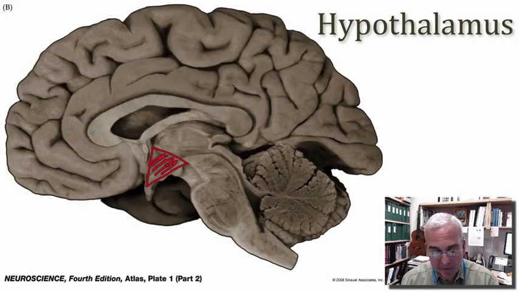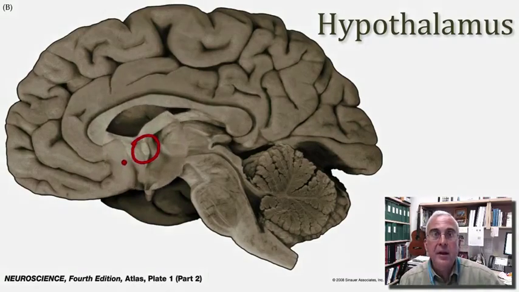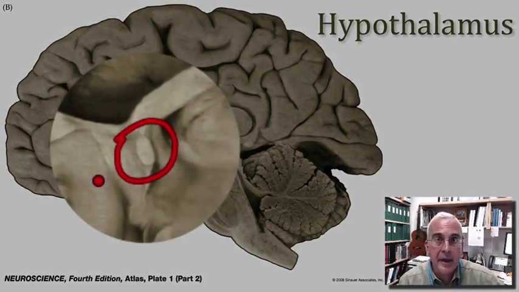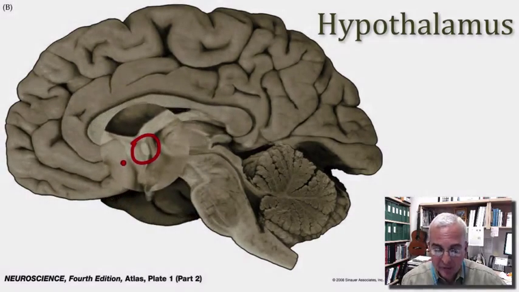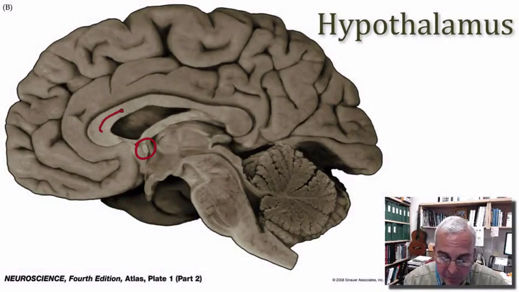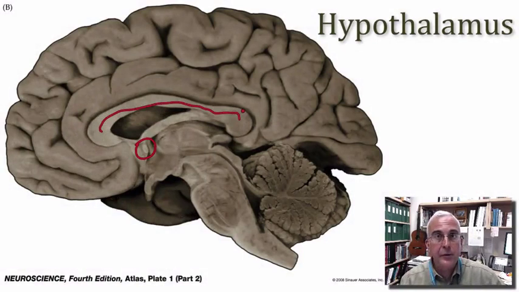So this triangle is really formed by three structures that I think you can see quite plainly here in this image. So one structure is found right here, and this is a white matter structure that crosses the midline. Now, it's not the corpus callosum. The corpus callosum is up here. It is another commissure.